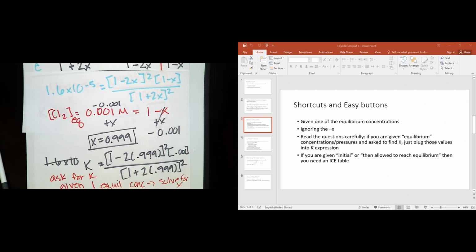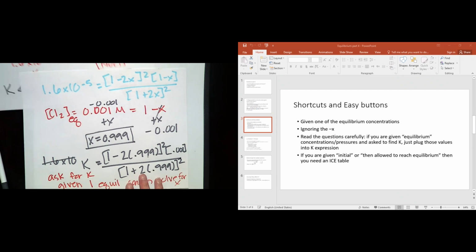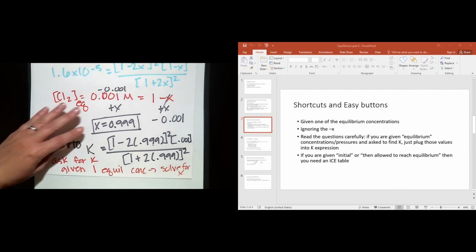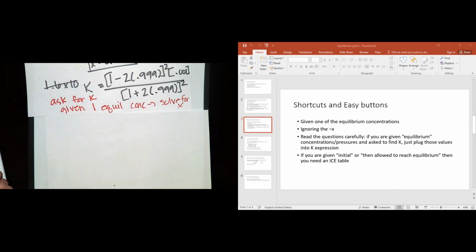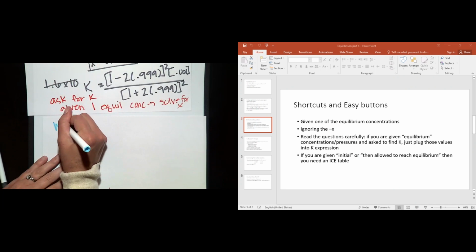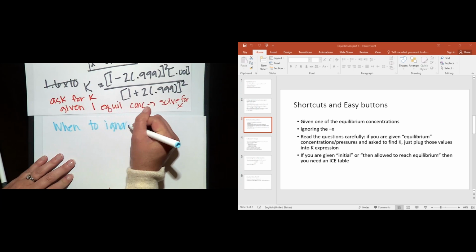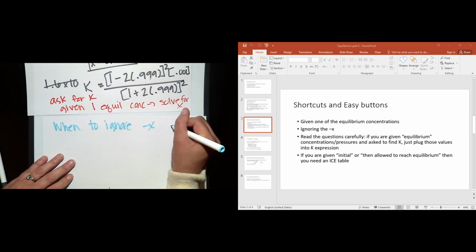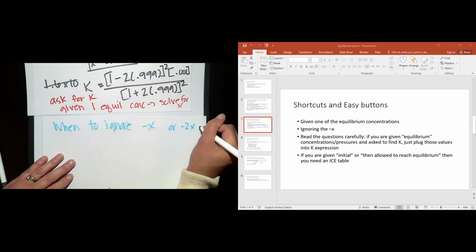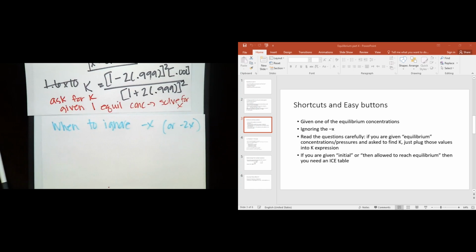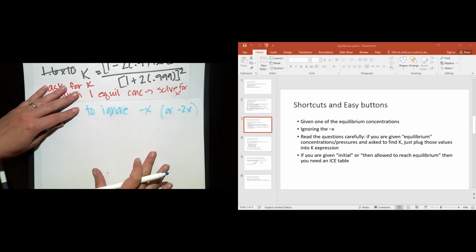Okay, one more that we can do is what we call an approximation. So a lot of times we will have what looks like a nasty quadratic, and we need to know when to ignore the minus x or minus 2x or minus 3x or whatever. Okay, so let's say we have an equation.